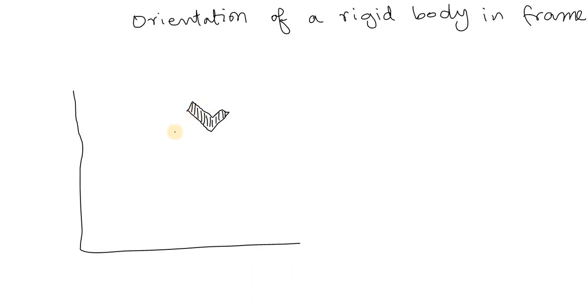What we are interested in is finding the orientation of this rigid body. The first thing we do is make our frame, our coordinate system, with the x-axis and the y-axis, and let's call this frame A.